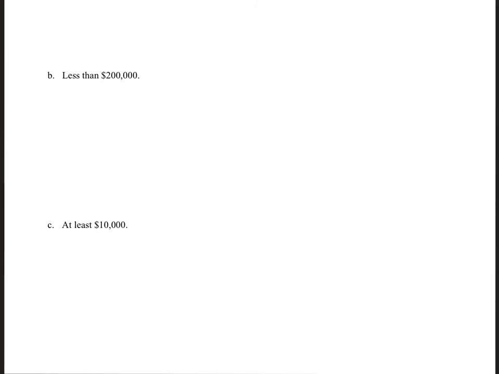All right. B, the probability the person earns less than $200,000. So I'll say let E equal person earns less than $200,000.